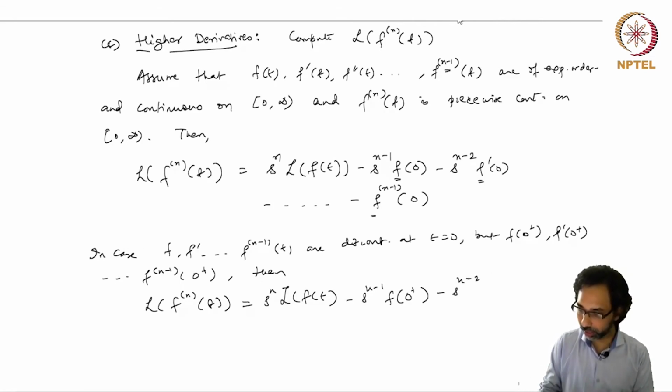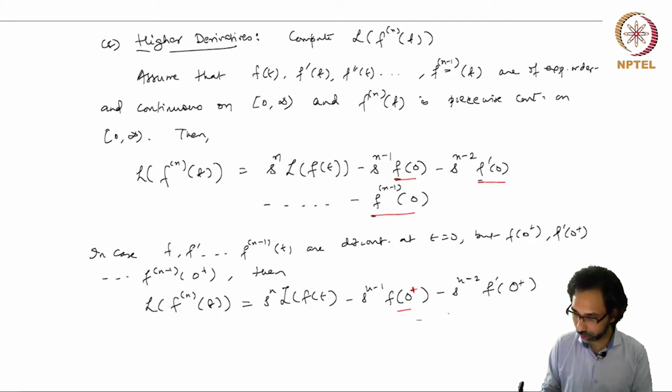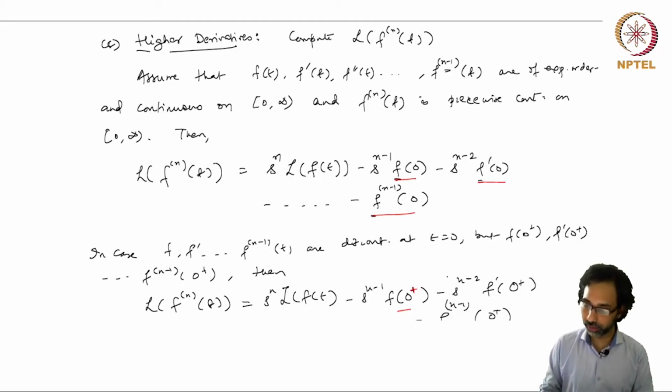Where you had f of 0, f prime of 0, up to the n minus first derivative at 0, you have to take f of 0 plus, then for the second term f prime of 0 plus, and so on up to the n minus first derivative at 0 plus. So these are the formulas for the Laplace transform of higher derivatives in these two cases.